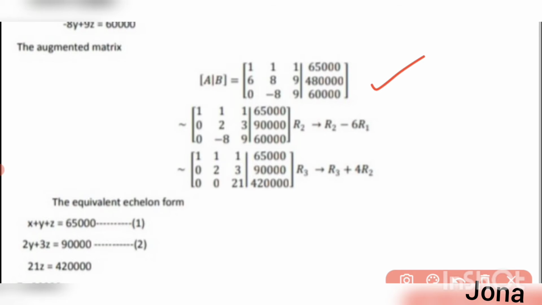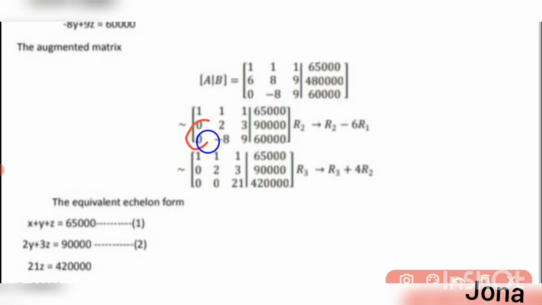And then I want to make this as 0. For this I can multiply this row by 6 and subtract from R2. So I have to multiply this by 6 and subtract from R2, so that I got 0, 2, 3. Keep the third row as it is.